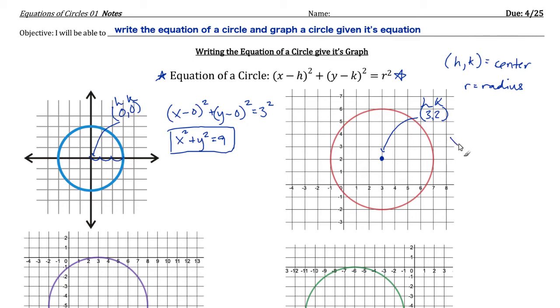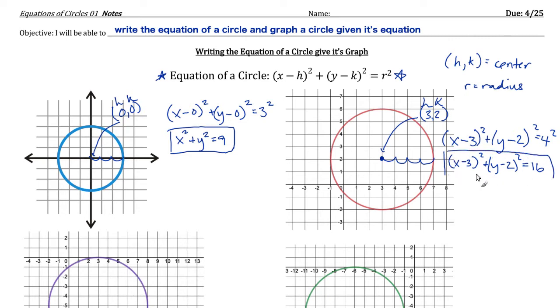So our equation would be x minus 3 squared, because we want to take away that 3, plus y minus 2 squared equals 1, 2, 3, 4 squared. If we just leave it like this, it equals 16. There you go. It's not difficult.